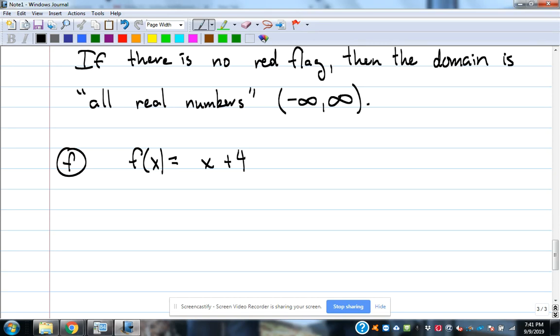We look for an x in the denominator. So that implies that there has to be a fraction in the problem for that to happen. No fractions in this problem, so that's out. That's not going to happen. An x inside of a square root. There's no square root in this problem. So I don't have any red flags for that. So since there's no red flags, then my domain is going to be all real numbers.